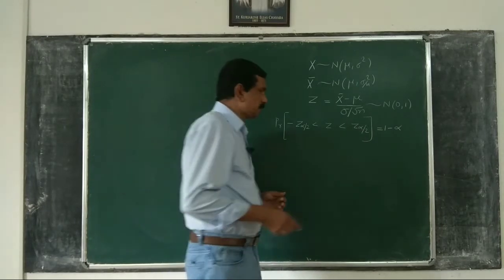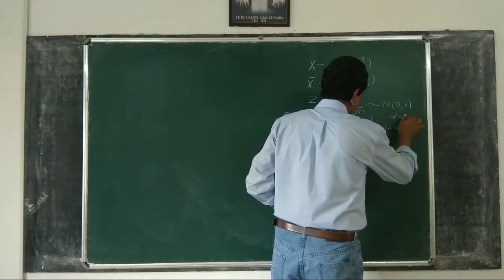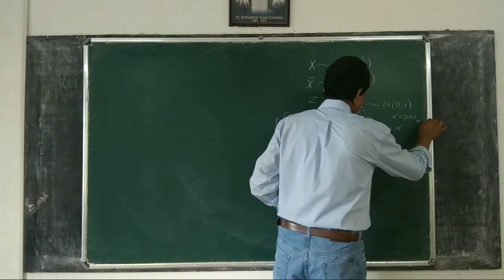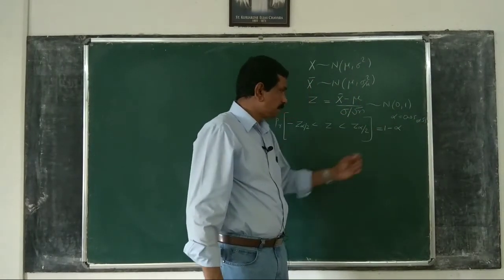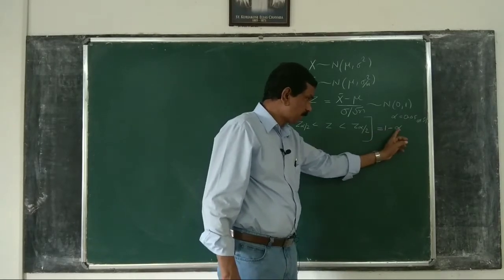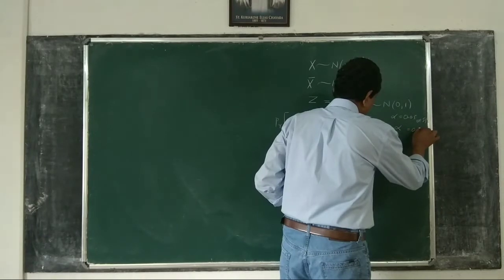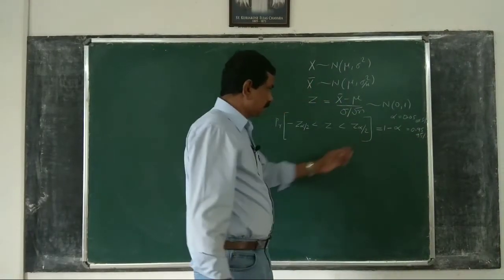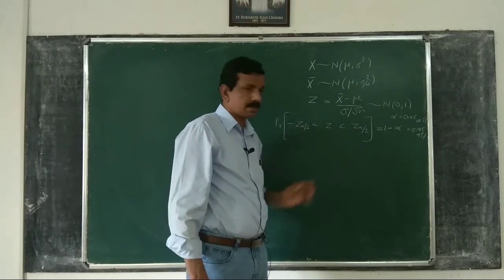Now suppose that we fix alpha as equal to 0.05 or 5%. Then it becomes 1 minus 0.05 is equal to 0.95 or 95%. That is, 95% of z lie between these two values.